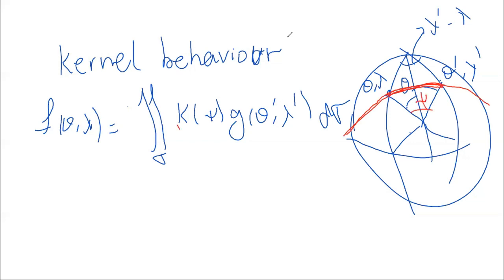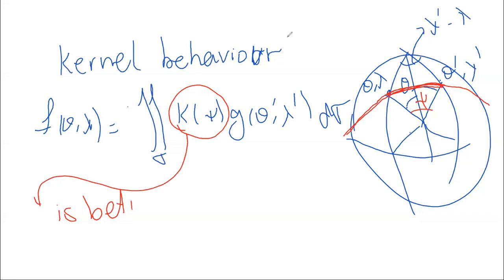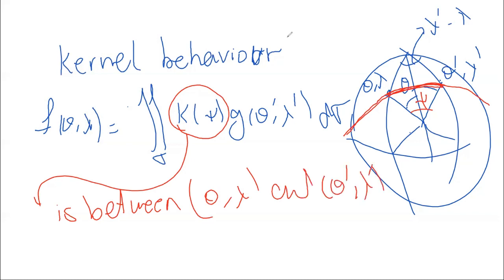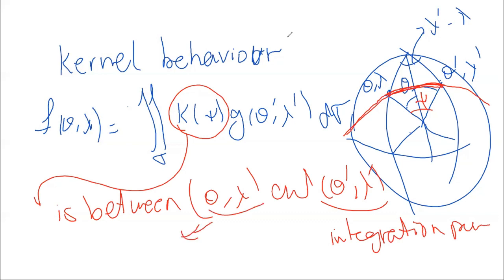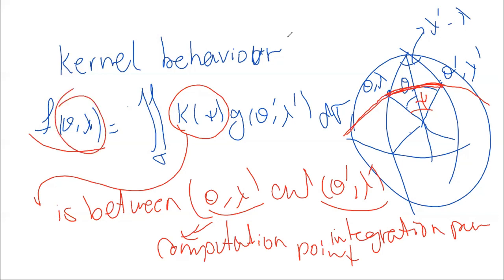So this kernel function is between theta and lambda and theta prime and lambda prime. These are called integration points, and this one is the computation point. This is the computation point, what we are going to compute, and this one is the integration point, the point that we are integrating.